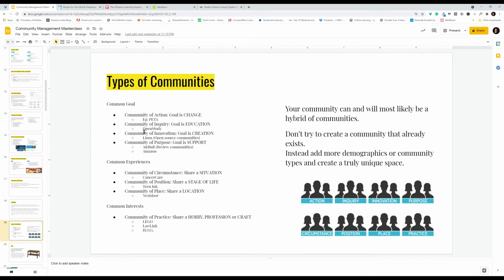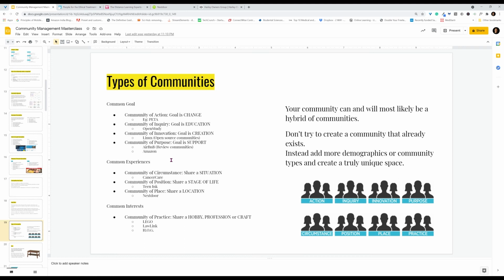Now, when I was taking the example of, say, Avalon Meta, I mentioned that this could be a community of inquiry because they help with education. But beyond that, there are so many other things too. So most likely your community is going to be a hybrid of multiple types, and that's okay. Another thing that is very important is, if there's an existing community, don't try to replace it.